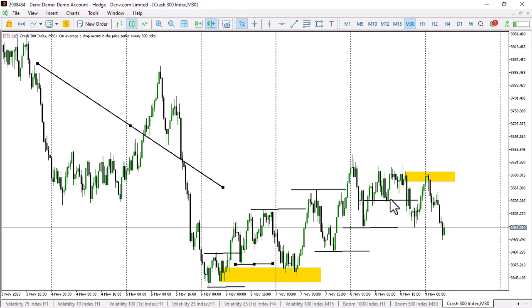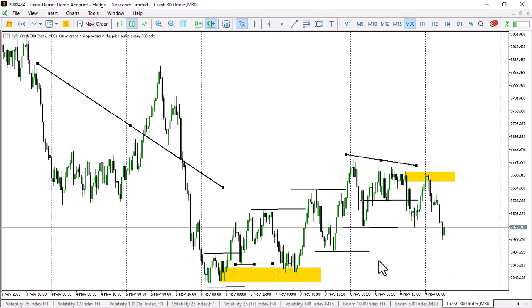When price locks in this high, it doesn't come and break the low here. What does it do? It forms this low and breaks this high. When this low is taken out here, it leaves an order block on this yellow zone. When price goes back to that yellow zone, it retests the yellow zone and goes up. So this is what you are doing.